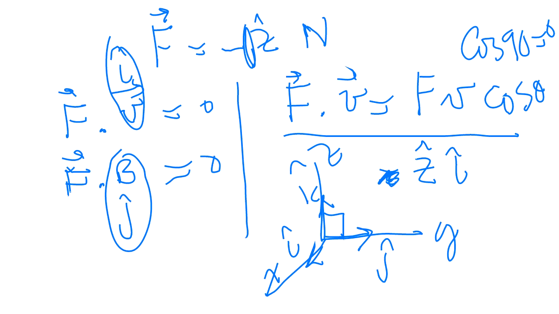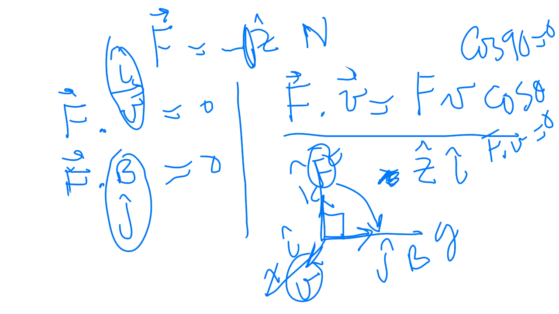Therefore F dotted with V is equal to 0, which indicates the angle is 90, or perpendicular. Similarly, this is my force F, this is my V, and this is my B. If I take the force dotted with V, the angle between them is 90. If I take the force dotted with B, the angle between them is 90, and that gives you 0. And that's your answer.